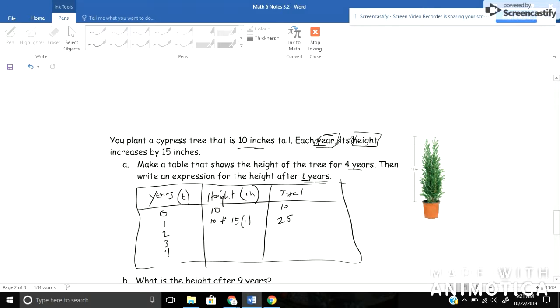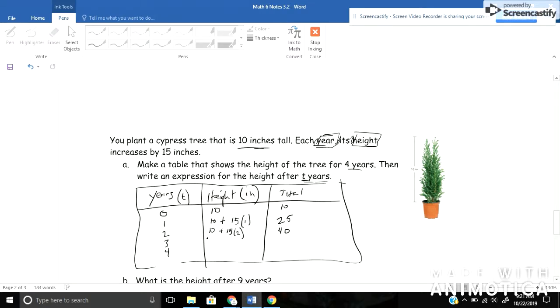Second year, it was still that original 10 when we bought it, plus 15 inches per year. Now we've had it for 2 years, so I need to multiply 15 by 2, which gives me 30, plus the original 10, that gives me 40.